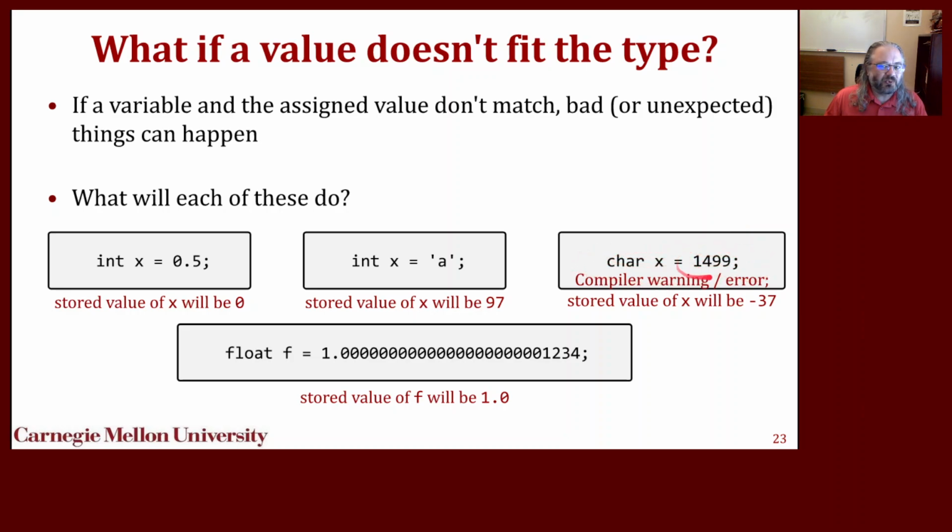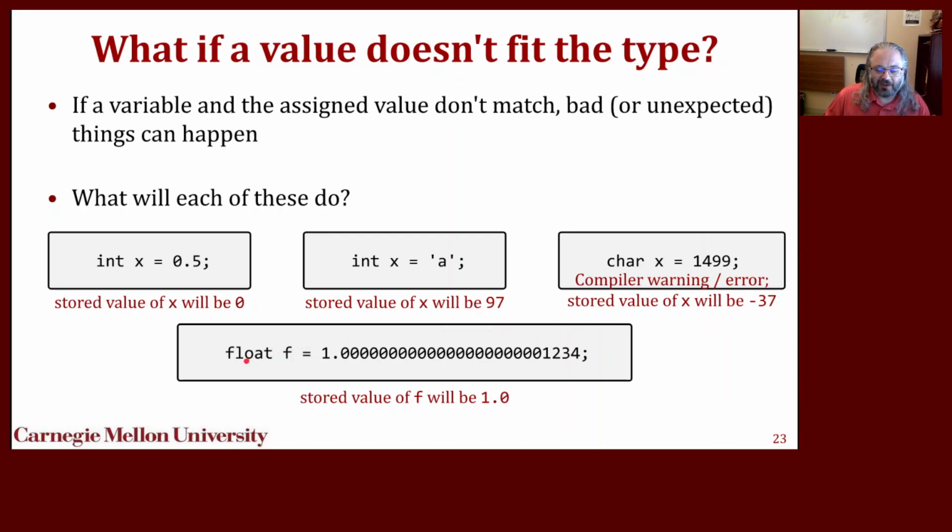You're going to lose some of your content, but if you're okay with that, I will go ahead and map this number into the range of a character. And essentially what that's going to do with the value 1499, it's going to end up being a signed character with a value of minus 37. Why is it minus 37? That's a fun thing for you to figure out.